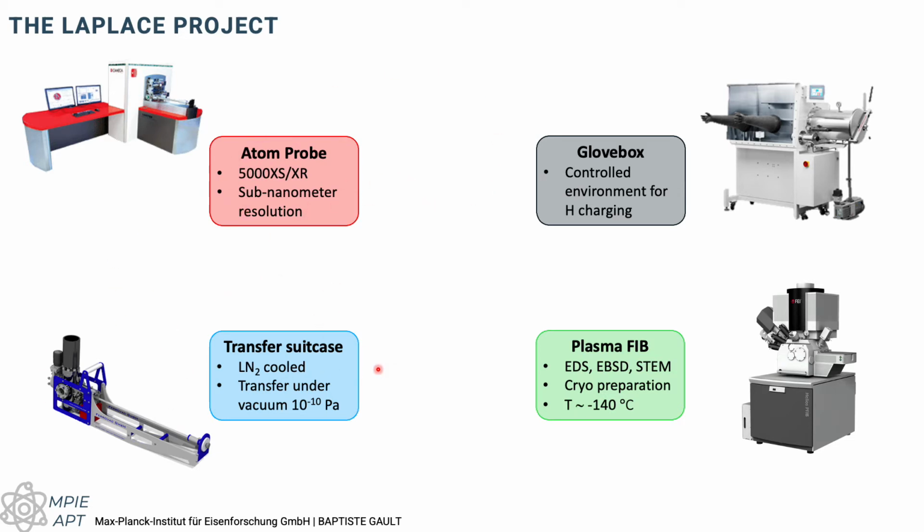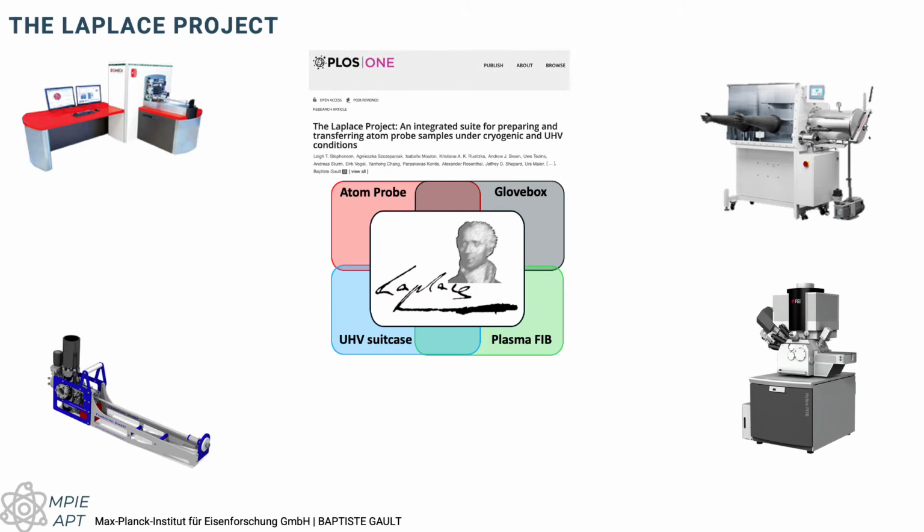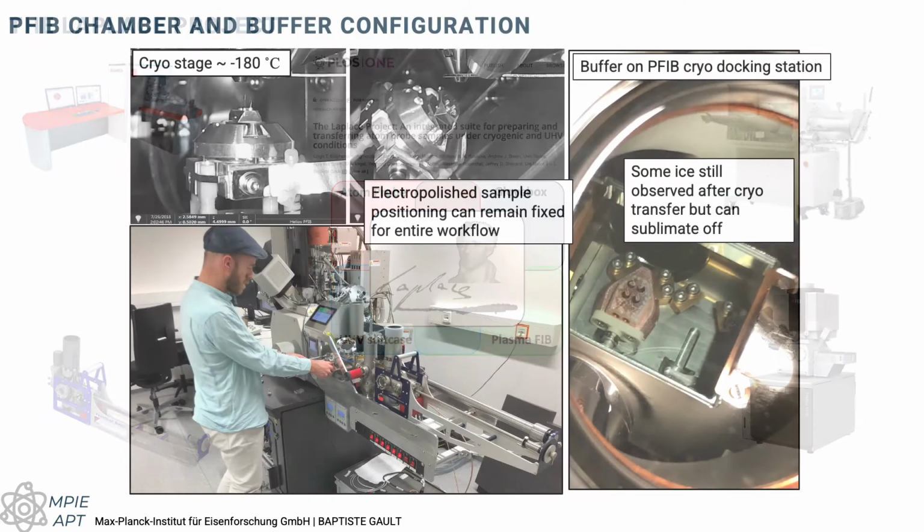They're all interconnected with a cryo transfer suitcase that goes under UHV conditions. All of these come together in what we call the LAPLACE project. I could tell you why we call it LAPLACE, but this would probably extend beyond the scope of this talk. Also, I probably need more than 20 minutes. And it's all described in this paper published in 2018.